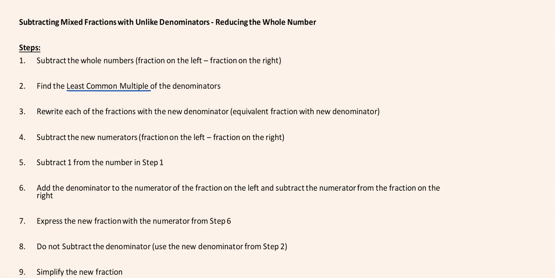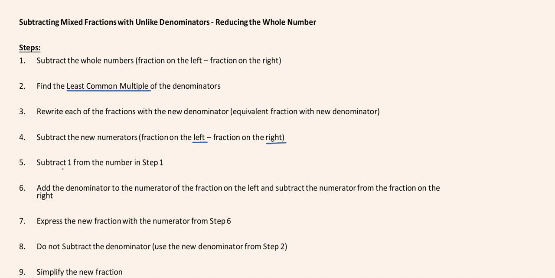And then we're going to rewrite each of the fractions with the new denominators so that we have the fractions rewritten so that they both share the same denominator. And then we're going to subtract the new numerators, which is going to be the fraction on the left minus the fraction on the right. And you're going to notice in this instance that the numerator on the left is going to be smaller than the numerator on the right.